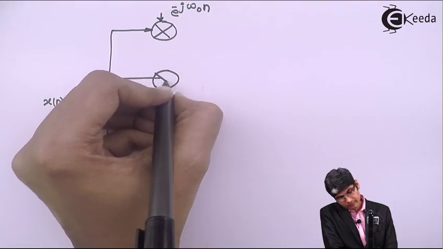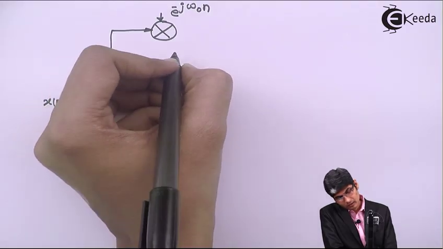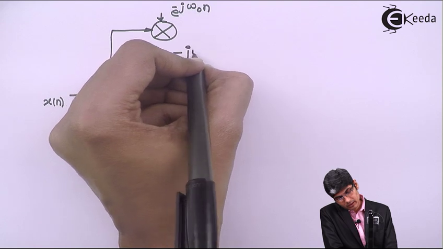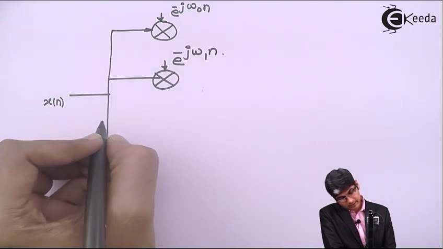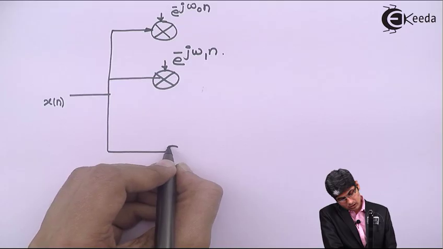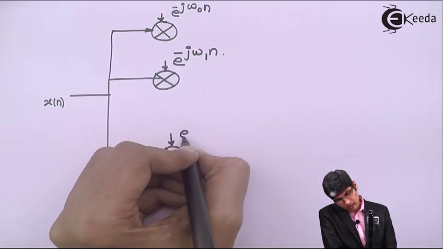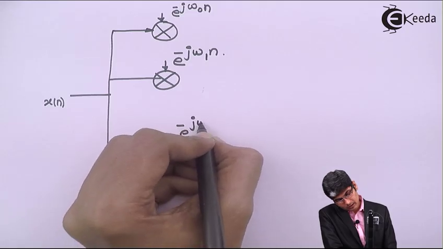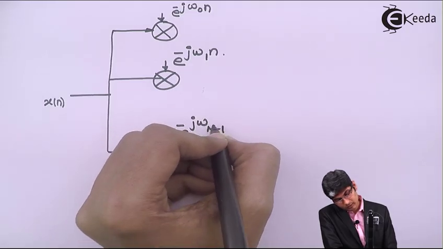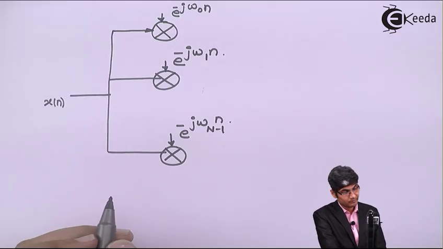Next comes e raised to minus j omega 1 of n, and so on and so forth. The last factor will be e raised to minus j omega n minus 1 of n.